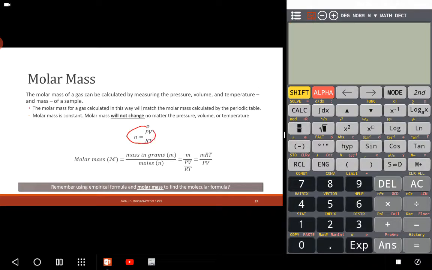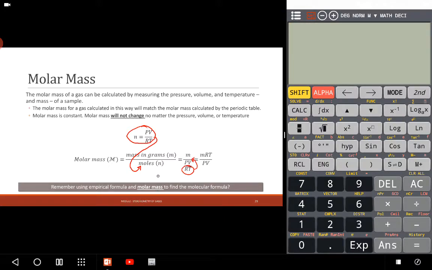Then we plug this into the denominator of our molar mass equation, and we get this complex fraction, which we can then simplify. Anything in the denominator of the denominator really belongs in the numerator. And so we have M equals mass times RT over PV.